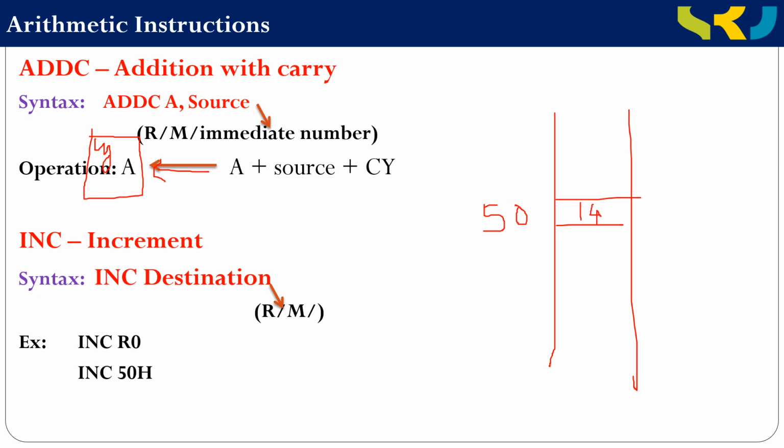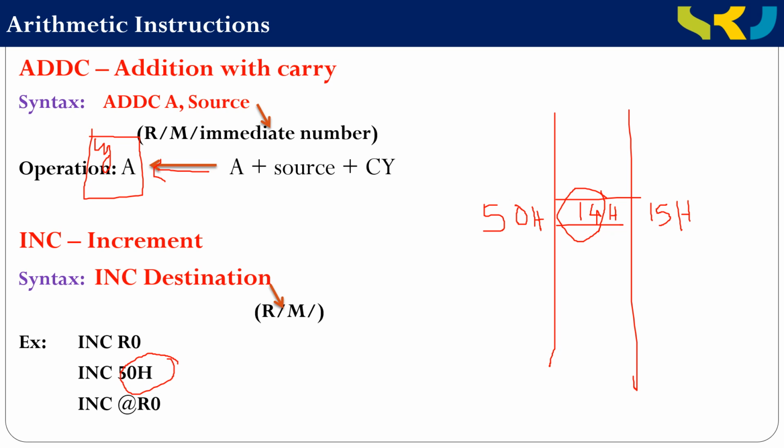Before execution of this instruction, the 50H location has 14H data, and when you execute this instruction, the 50H location content is incremented by 1. That means after execution it becomes 15H. 14 incremented by 1 is 15. So now the value available in the 50H location will be 15 after execution of increment 50H.